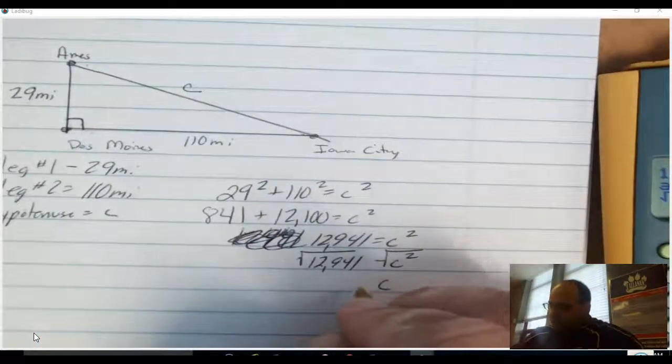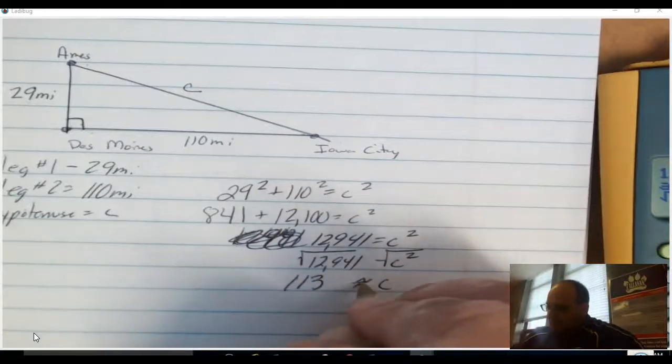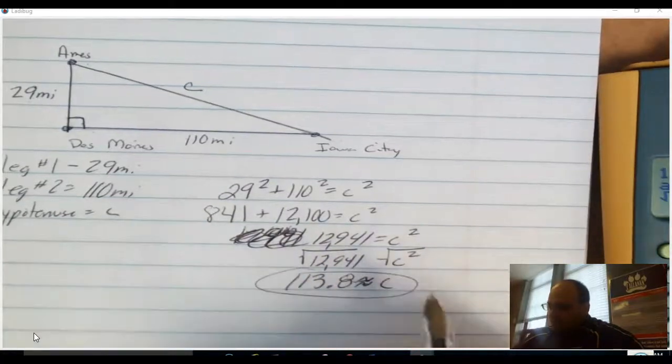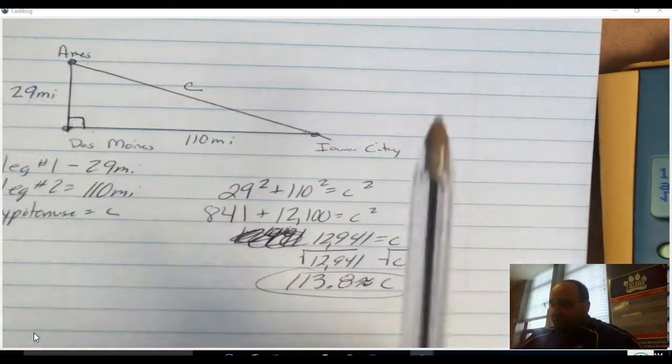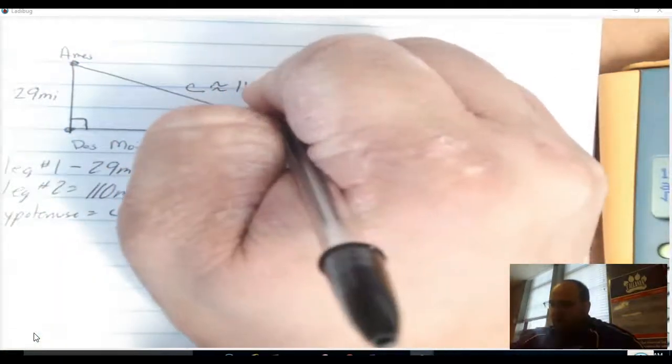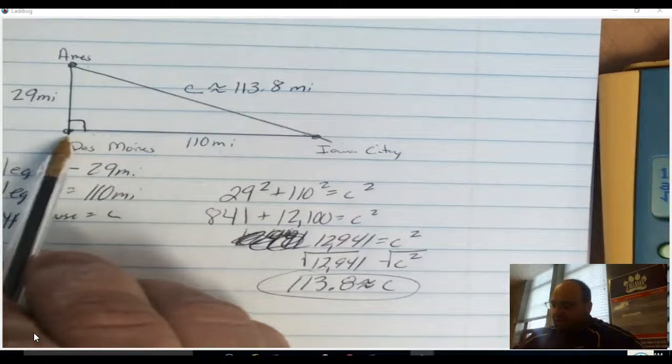So C is approximately 113.8 miles. So if I were to fly directly from Ames to Iowa City, the distance would be approximately 113.8 miles. So you can see how it's just slightly longer than the distance from Des Moines to Iowa City.